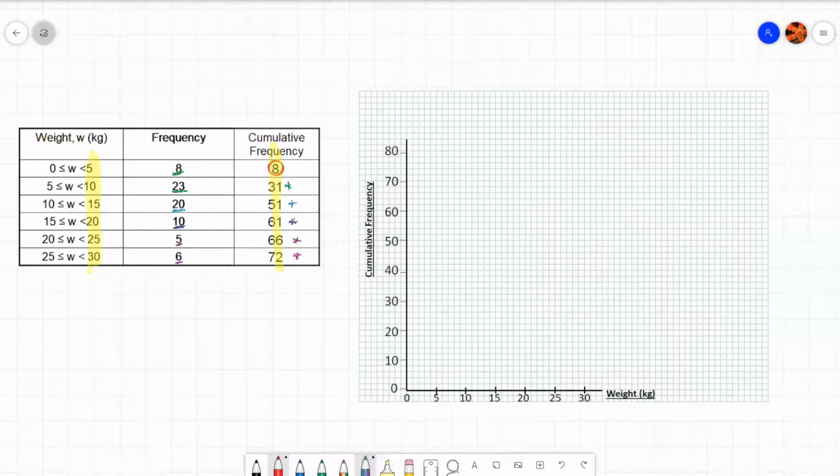So let's have a look. We're going to plot 5 against 8. This is 2, 4, 6, 8. There we are, we've done that one. Next one's 10 against 31, somewhere there. The next one is 15 against 51.